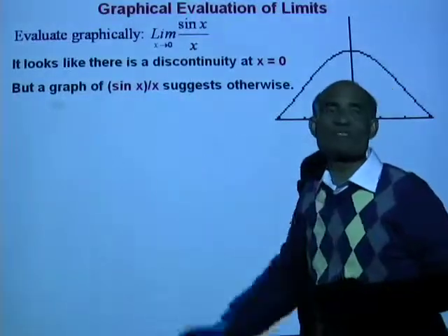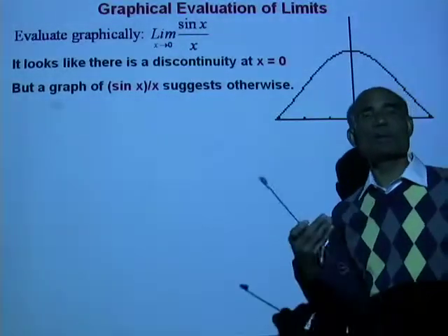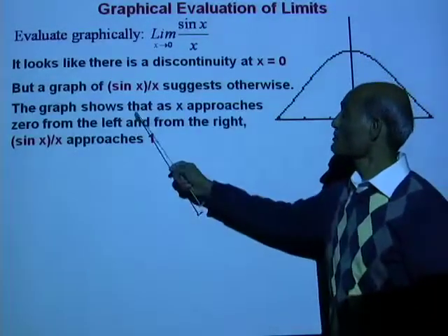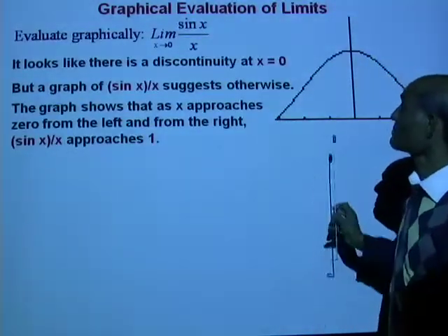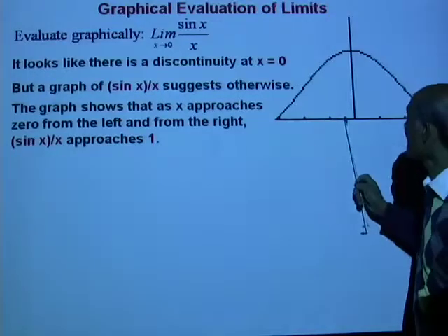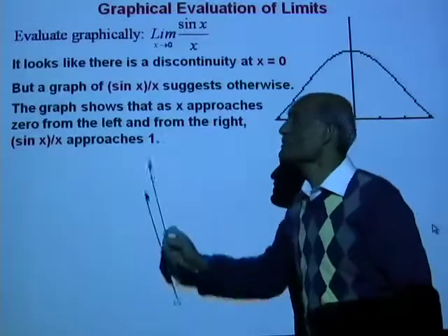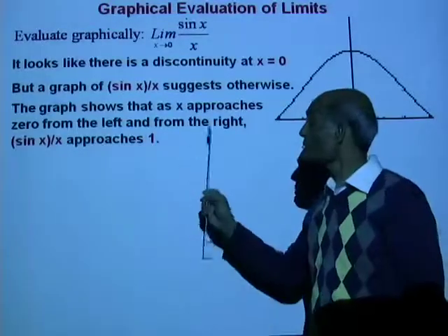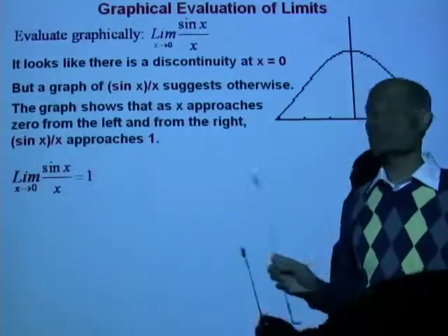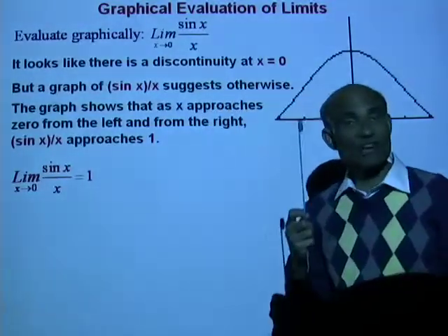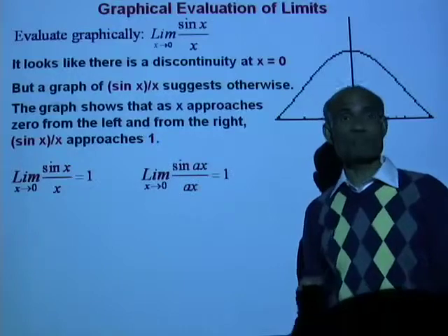Actually, you can remove the discontinuity in this case by a simple theorem that we will do later on. So the graph shows that as x approaches 0 from the left or from the right, the value of sine x over x approaches 1. So limit x approaches 0 of sine x over x is actually 1.